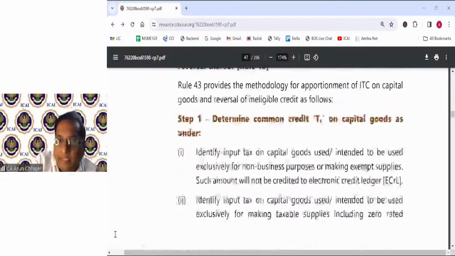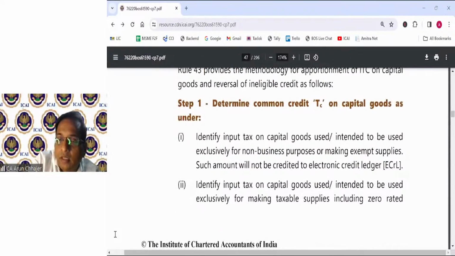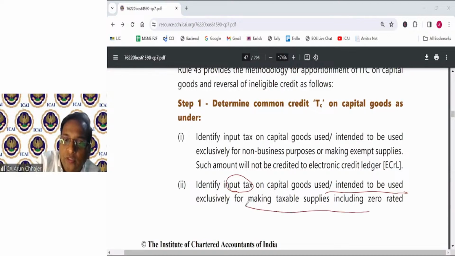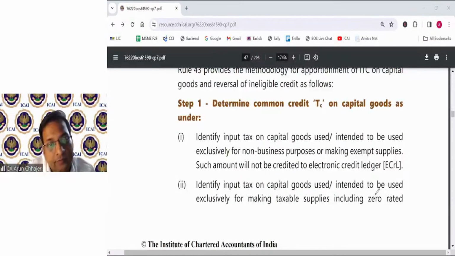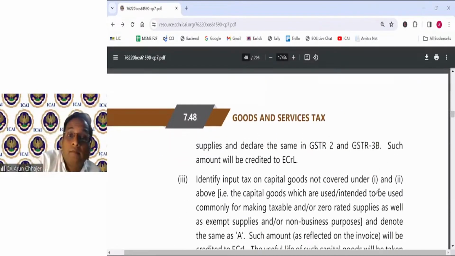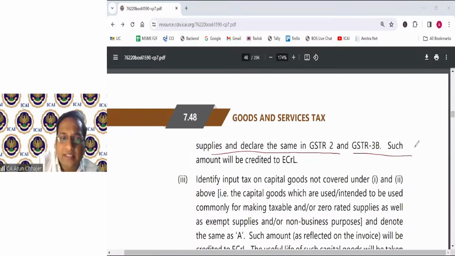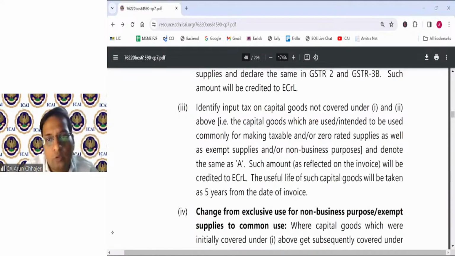So first I'm determining the credit which is used for non-business or exempted. I will not take the credit. Identify the input tax on the capital goods which is used or intended to be used exclusively for making taxable supplies and declare the same in the GSTR 2 and 3B, and such amount will be credited to the electronic credit ledger. We have discussed that GSTR 2 is no more, and we have to credit only in the 3B.